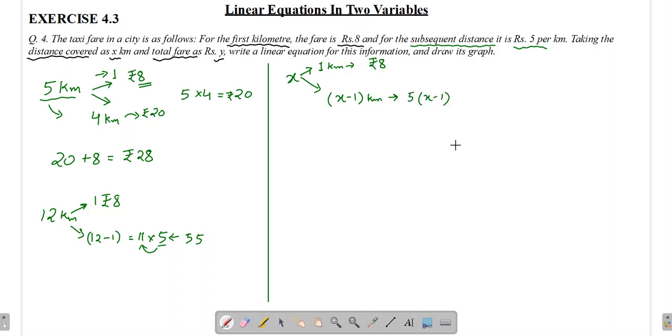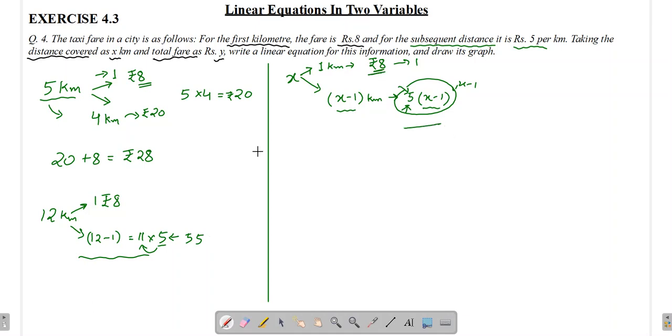For 1 kilometer, rupees 8 is already paid, and the remaining distance will be paid at the rate of rupees 5 per kilometer. So this is the remaining distance, and this is the fare per kilometer. The total fare will be this: this is for x minus 1 kilometer and this is for 1 kilometer. If I have to calculate the total fare which I have to give to the taxi driver, it will be the sum of this and this.